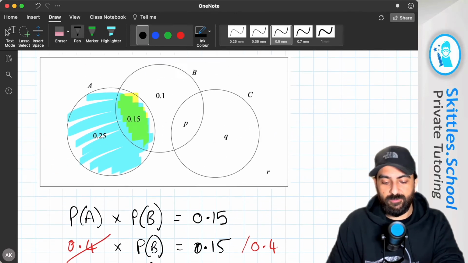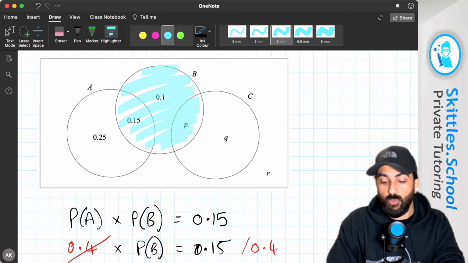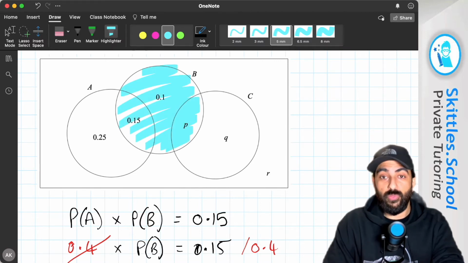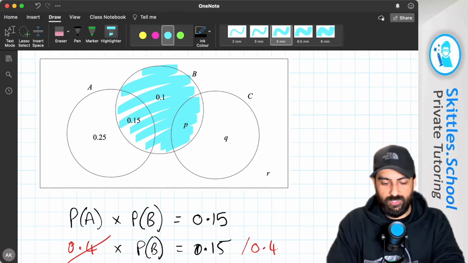Using that, if we know the probability of B, which is this whole circle here, we can deduce P, because P is inside that circle. So how would we do that?